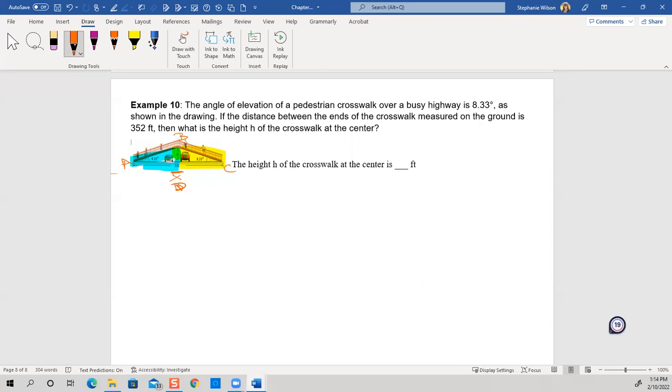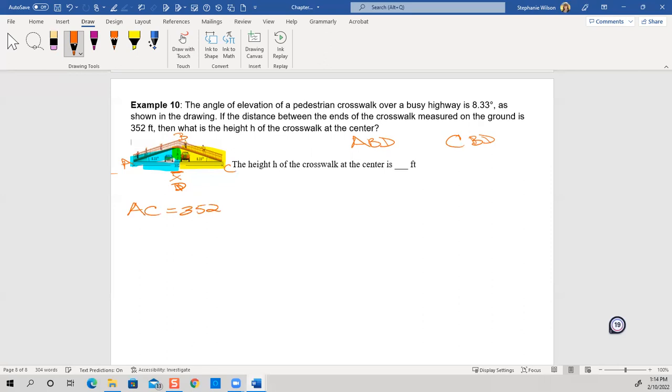So we have a triangle ABD, right? And then we have a triangle CBD. So I just showed y'all we had two congruent right triangles. The total length of AC was given to us. That was my X, right? 352 feet.